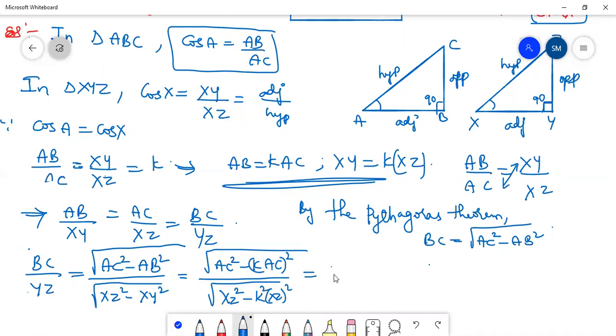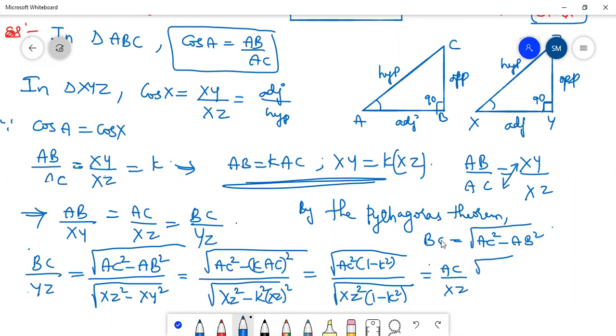In the numerator, taking AC square common from the two terms, the other terms are 1 minus K square, by under root of, in the denominator taking XZ square common, the remaining terms are 1 minus K square. Taking AC square and XZ square outside the square root, it becomes AC by XZ. The numerator 1 minus K square by under root of 1 minus K square, these two get cancelled. We are getting AC by XZ.